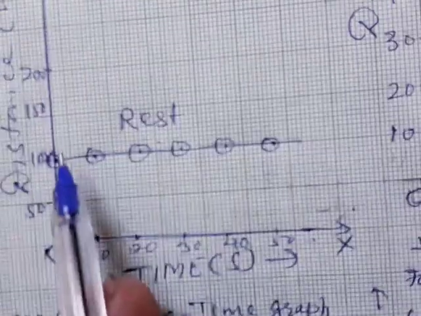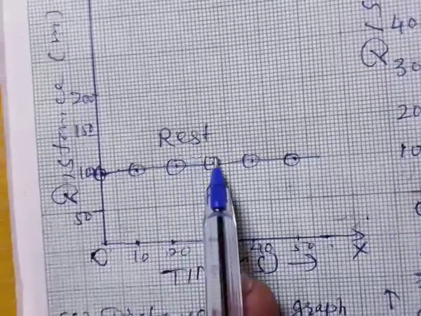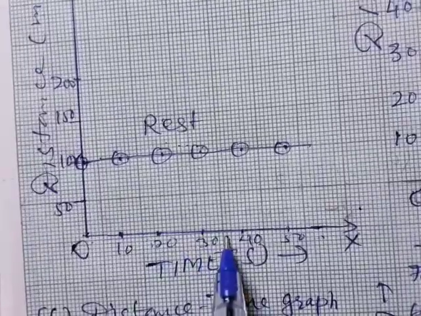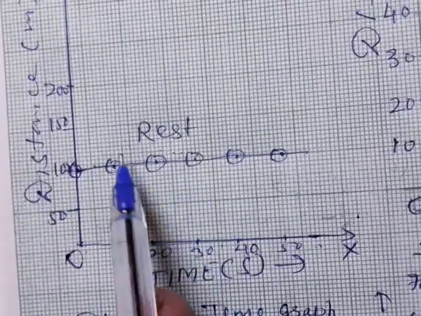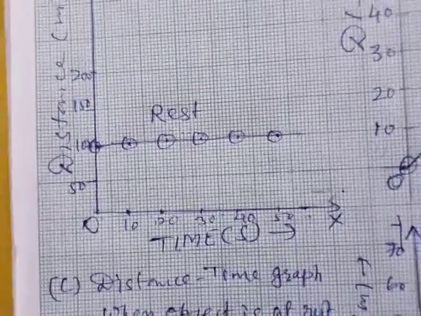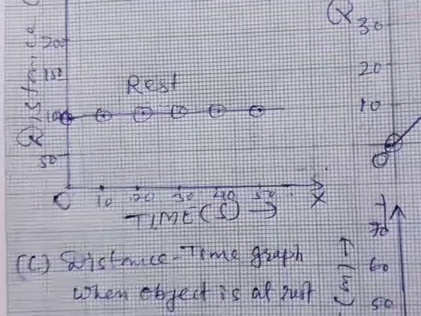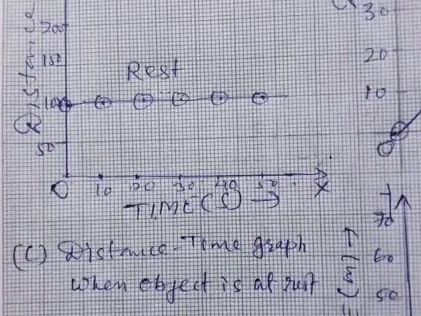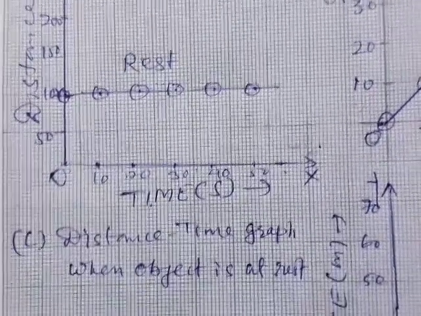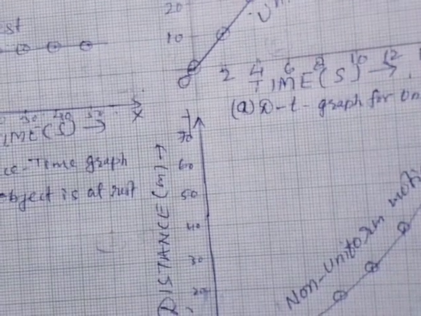Another type of graph is parallel to the time axis. This is showing that the object is at rest. So we can do similar practice for the speed time graph also, and then we describe the nature of the motion of the object. Thank you.